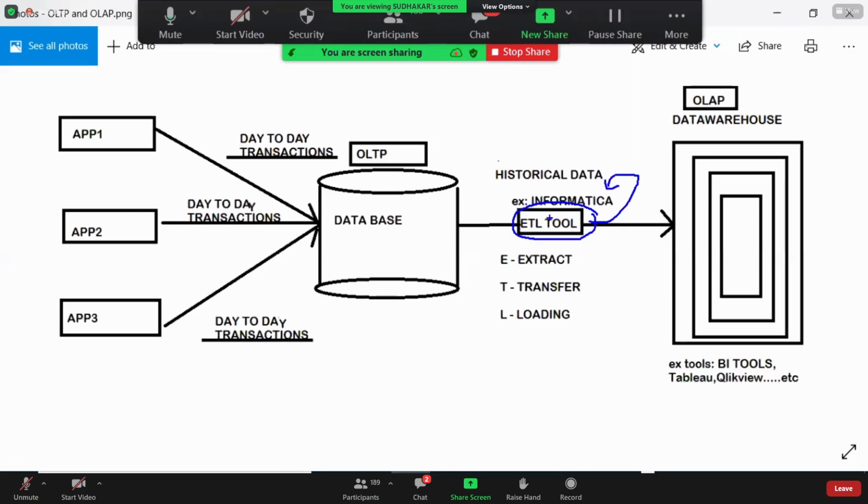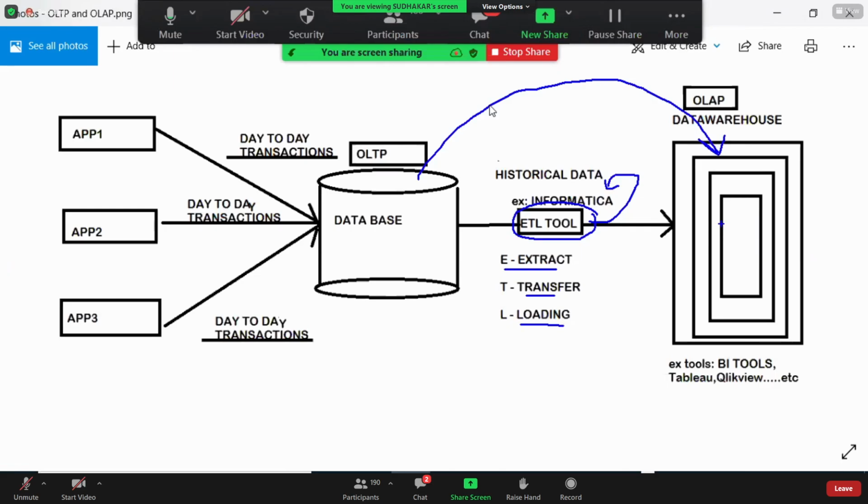With the help of this ETL tool, they move data from OLTP to OLAP. That is, they extract data from the OLTP database, transfer it, and load it into data warehouses.